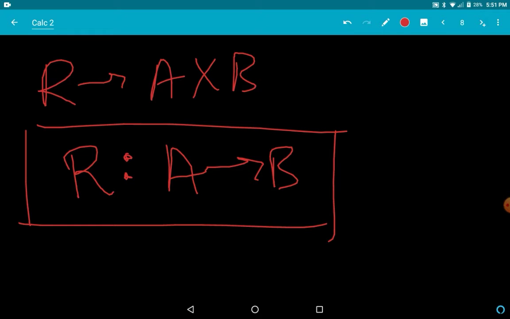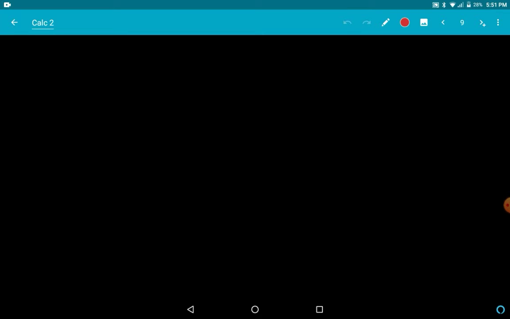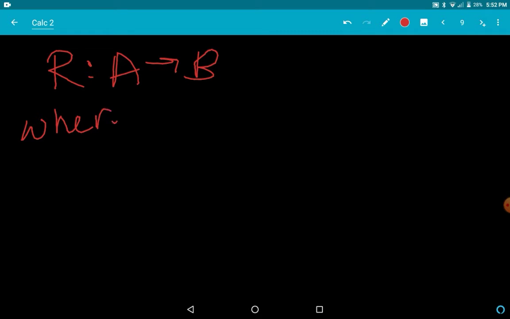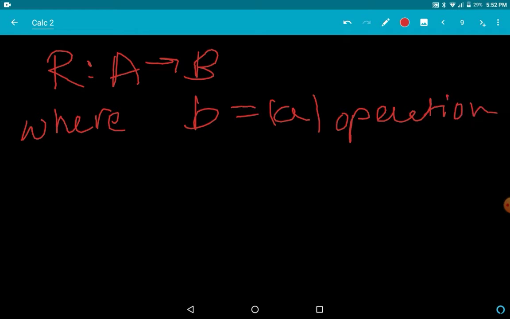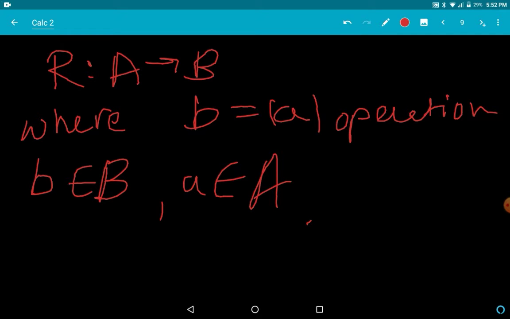Let me write it better here: R is the set of (a, b), where b equals some operation on a, where b belongs to capital B and a belongs to capital A. This is the relation in total, okay.